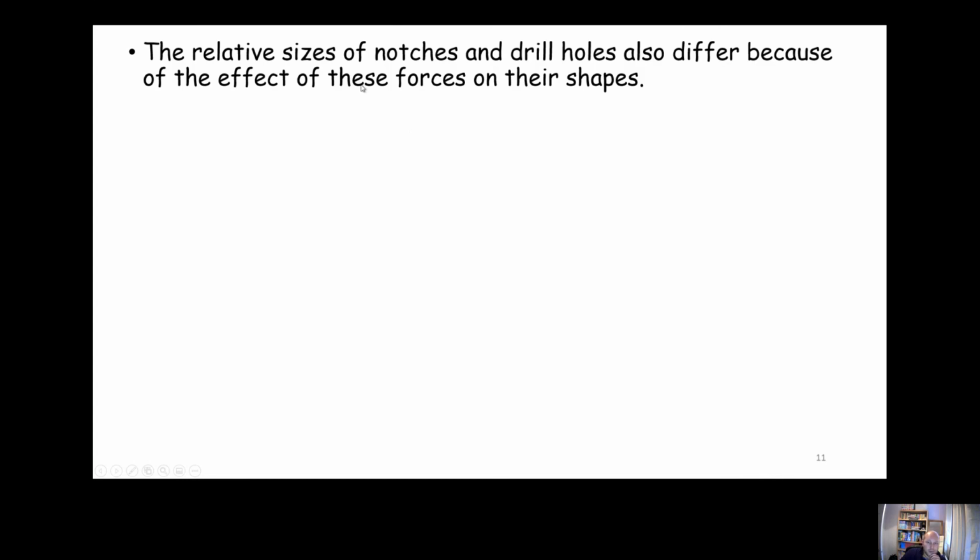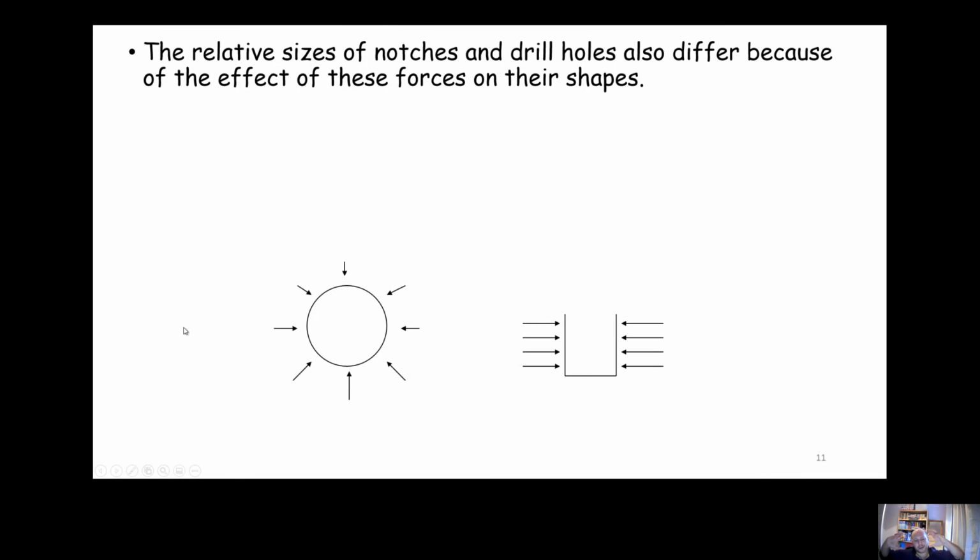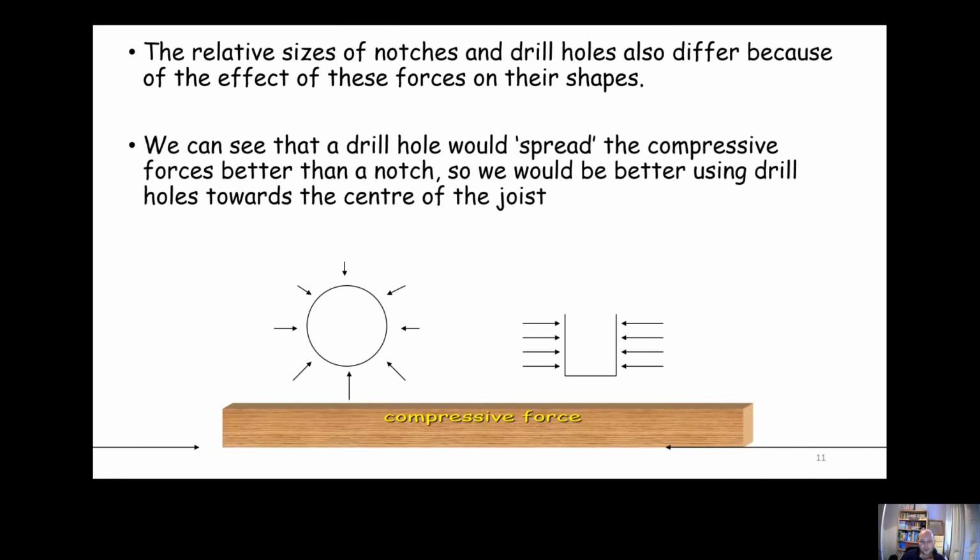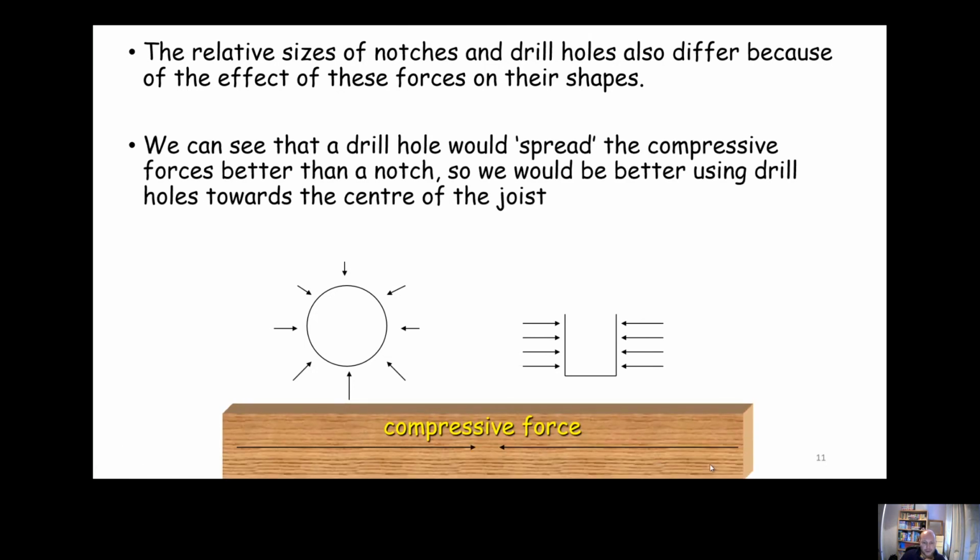The relative sizes of notches and drill holes will also differ depending on the effect of the forces on their shape. With a hole, the forces are acting evenly on all sides, whereas with a notch, the forces are acting directly opposite each other, and as a result, you shouldn't put any notches past 1/4 of the span, 25% of the span.